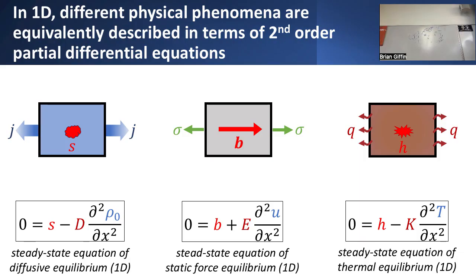Or what's the thermal conductivity of this material? And all these different equations, in spite of the fact that they describe totally different physical processes, nonetheless are equally representable using the same set of governing differential equations.